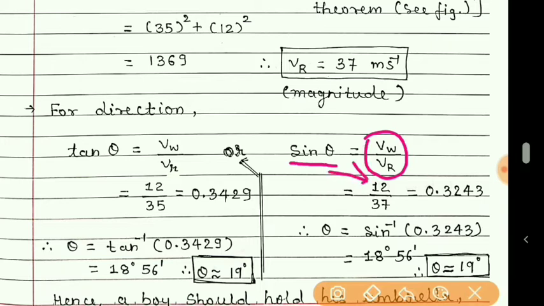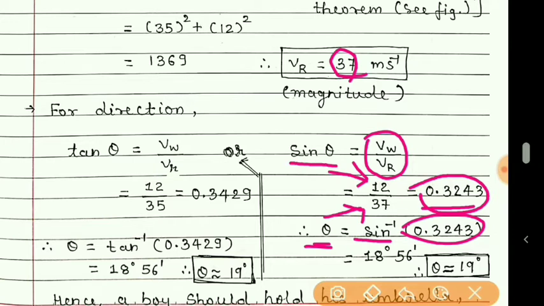Putting the value of VW, which is 12, and capital VR, the resultant velocity, that is 37, and dividing them, we will get 0.3243. Remember students, it is 0.3243, and so theta is equal to sine inverse of this value. Again, to find this angle theta, we have to see the logarithmic table. In that, we have to take the table of natural sine. Let us see that.